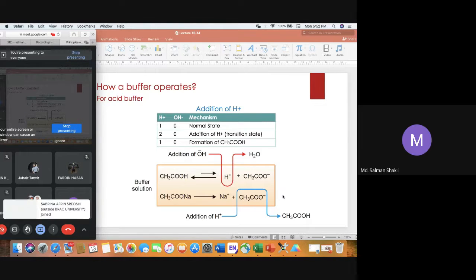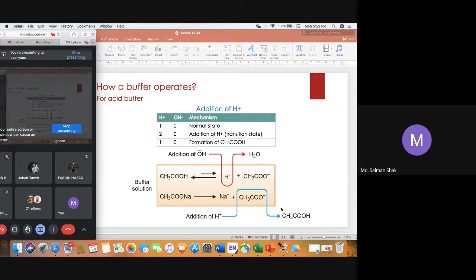Okay, so now first of all think about that we are adding a small amount of acid. Okay, so we are adding acid means we are adding proton, right? Yes, sir. Okay, so this proton can combine with this. Yes, sir. Okay, so it will form ethanoic acid, right?